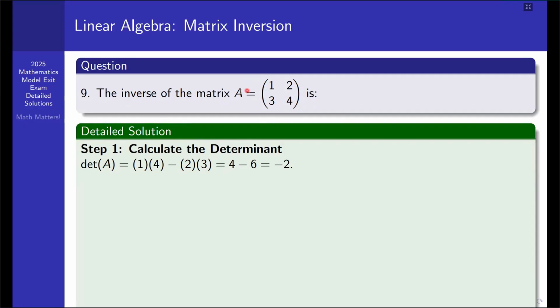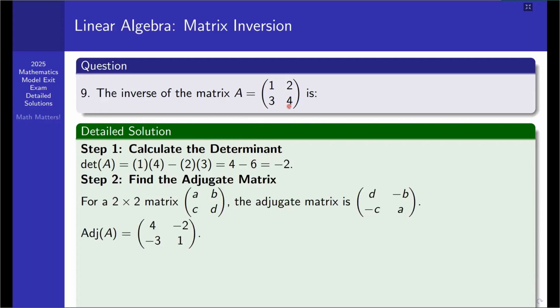In addition to finding the determinant of the given matrix, we need to find its adjoint matrix or adjugate matrix. Then the inverse is the reciprocal of its determinant multiplied by the adjoint of the given matrix.